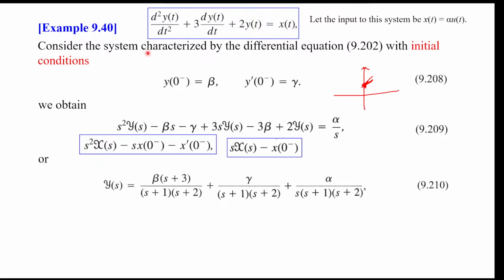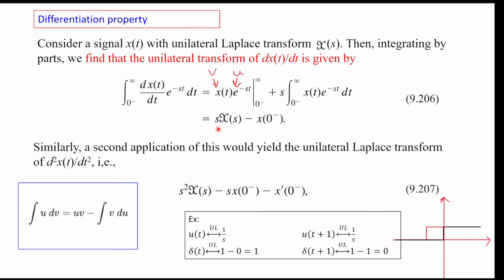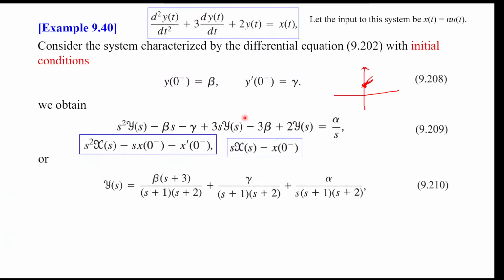So the differential property tells us that the second order derivative, if you do the unilateral Laplace transform, gives us s squared big Y minus this initial condition times s minus gamma, and dy/dt under the unilateral Laplace transform gives s big Y minus y(0 minus), so s big Y minus beta. Okay. And then from here you see that we can write some expression for big Y, and also the unilateral Laplace transform of small x.